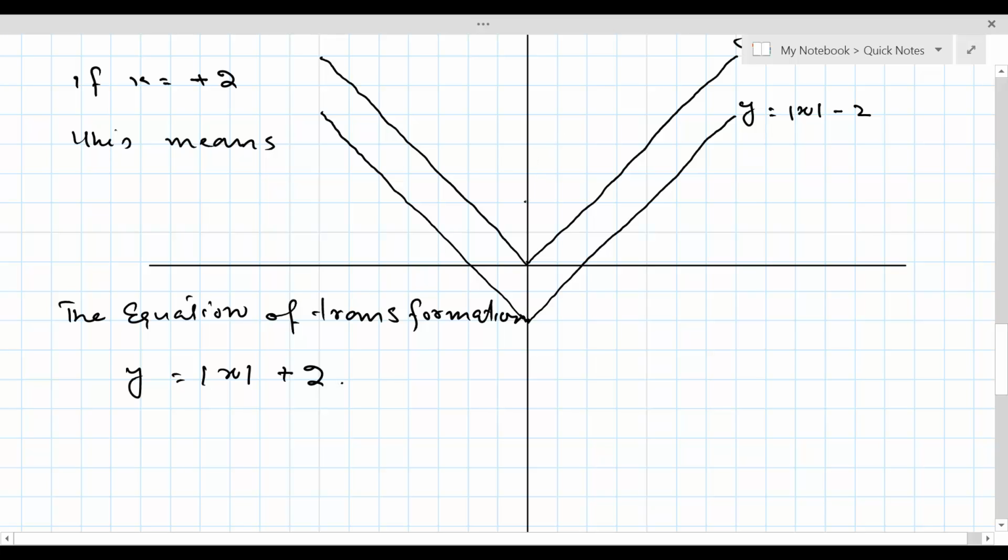This means the vertex will be right here, 2 units above the origin.